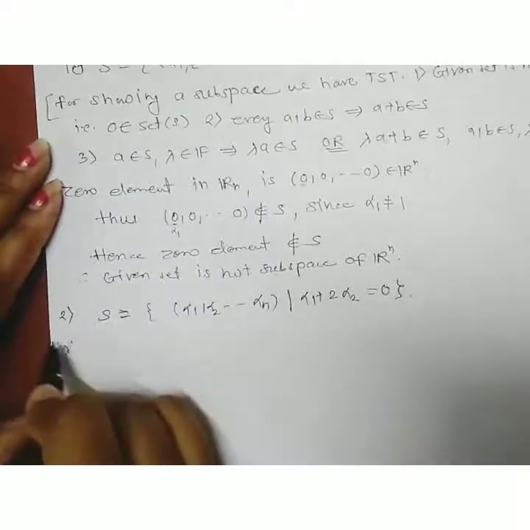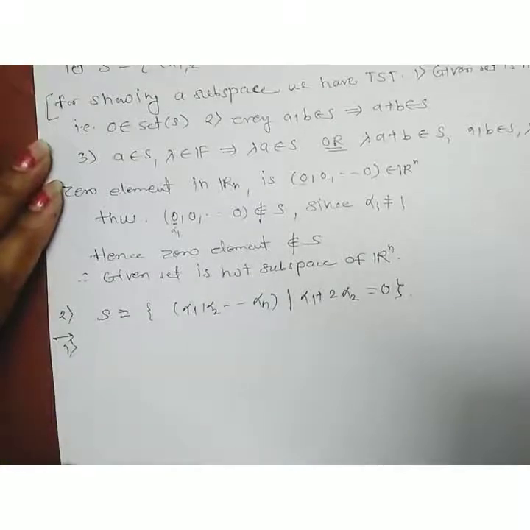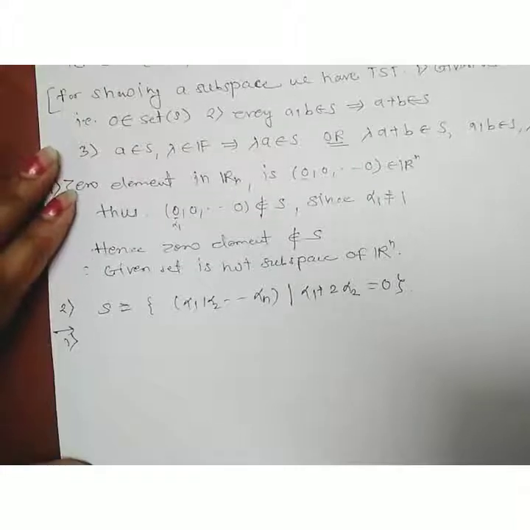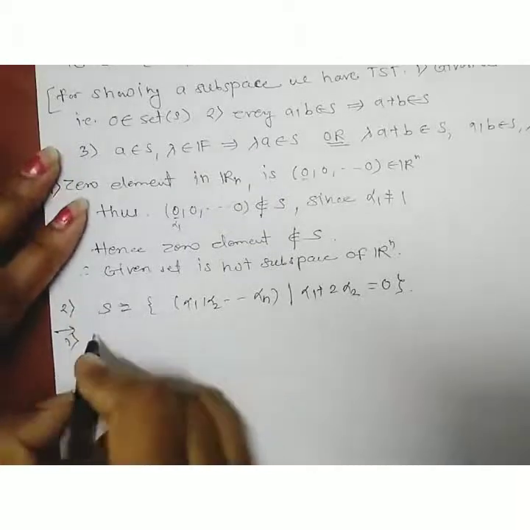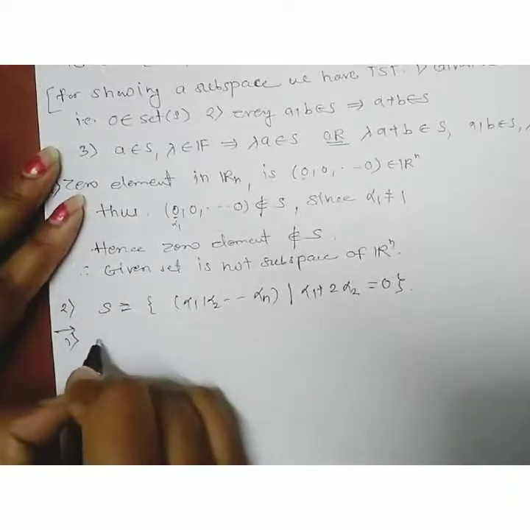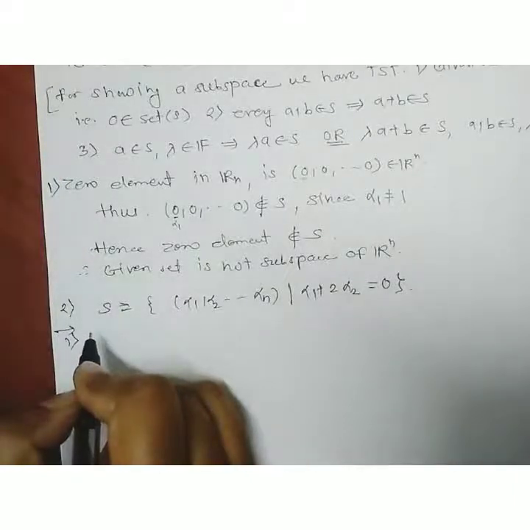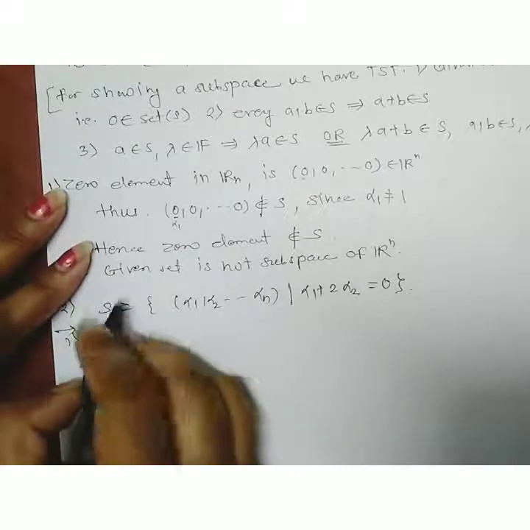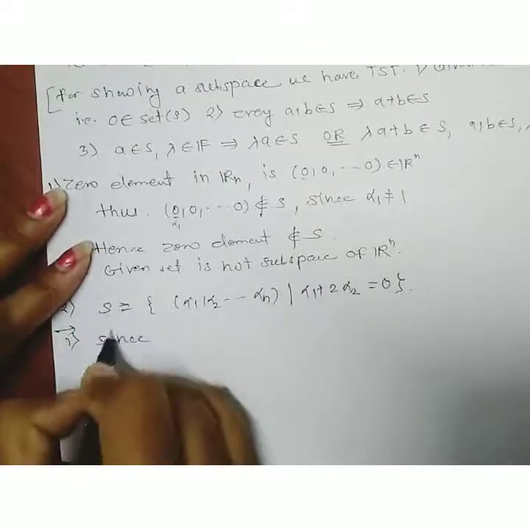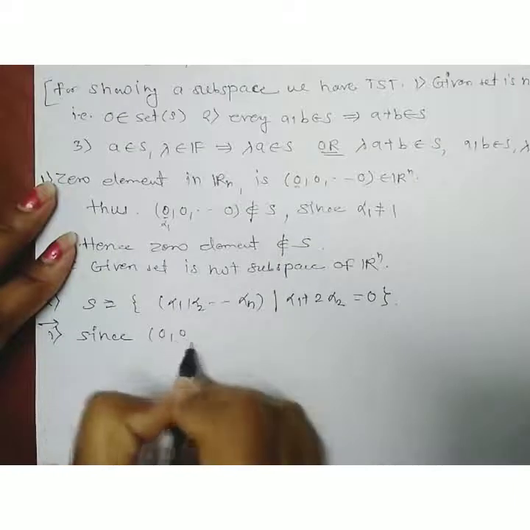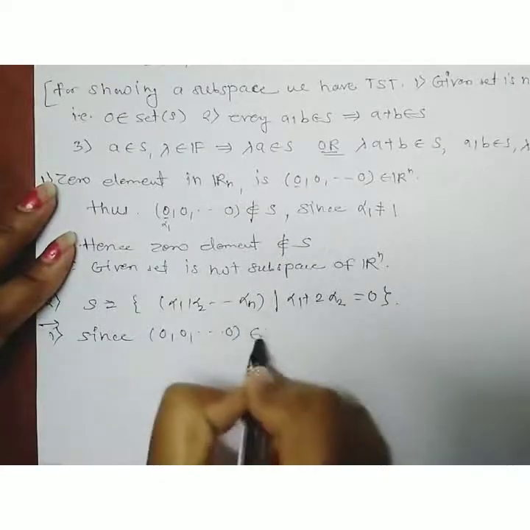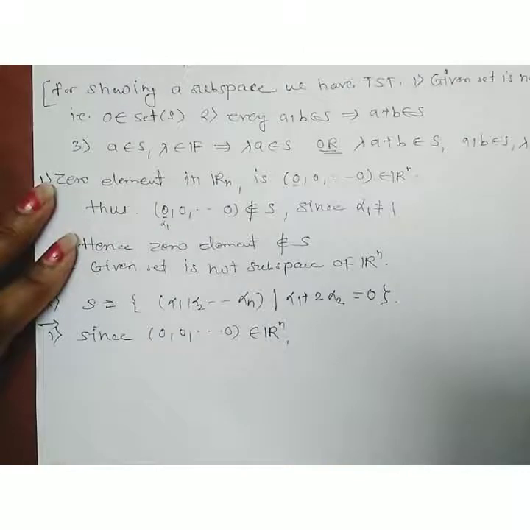What is our first condition to show that this is a subspace? First of all, we have to show that this set is non-empty, that is, the zero element belongs to that set. The zero element 0, 0, 0 belongs to Rn.